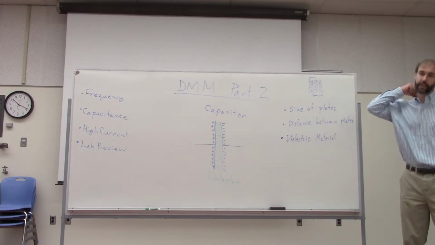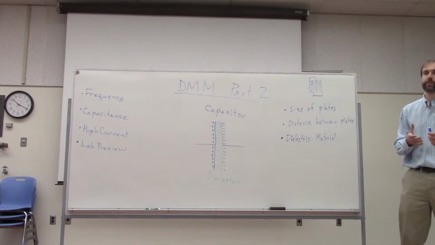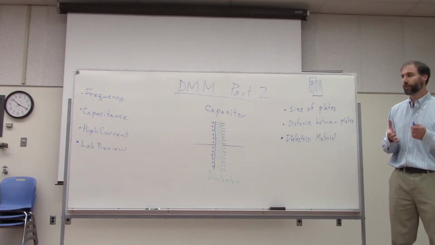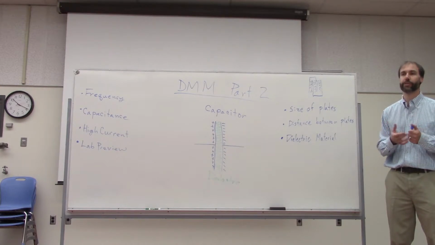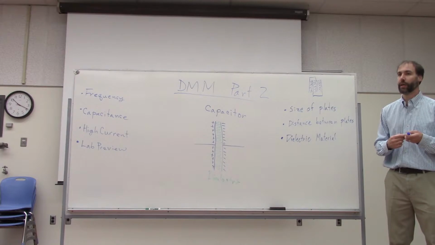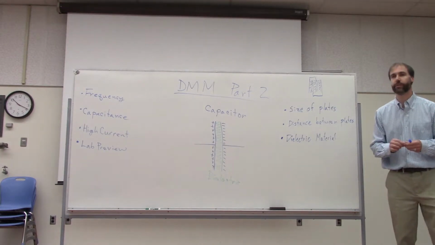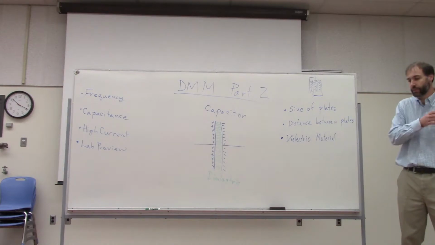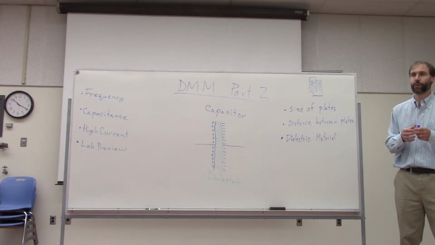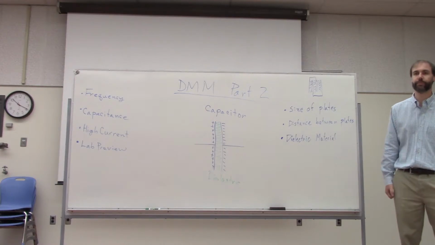Recently, in the last 10 years, companies have started to develop supercapacitors that can store large amounts of energy. Those are just now coming onto the market and becoming available. So those are starting to compete with batteries in certain areas, where you can store up a lot of energy in a supercapacitor and then use that in place of a battery.